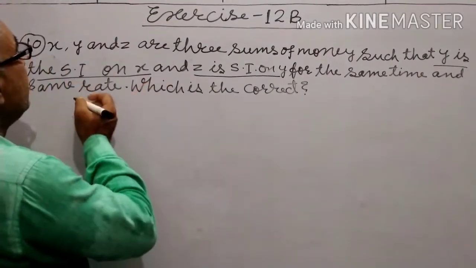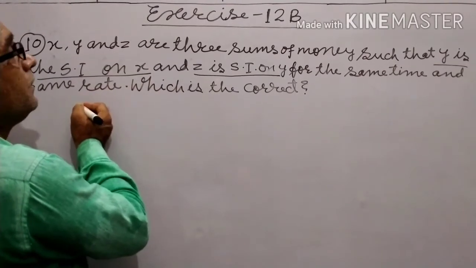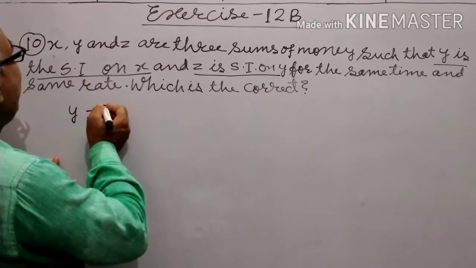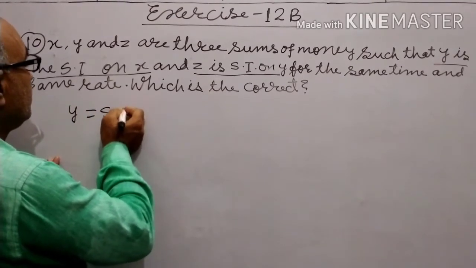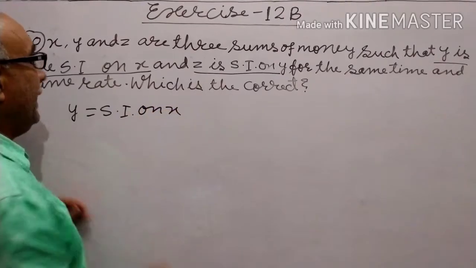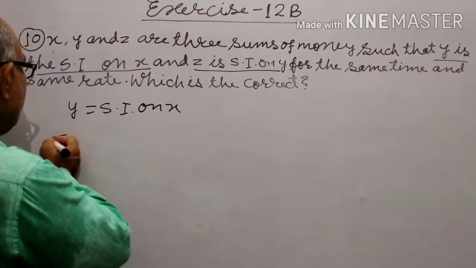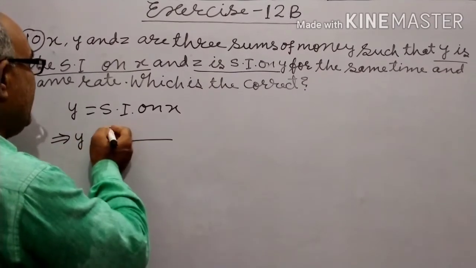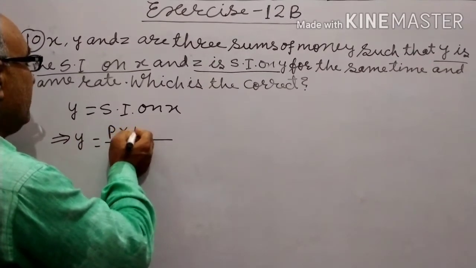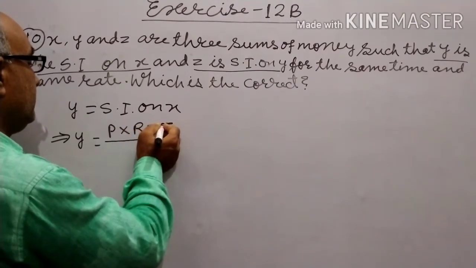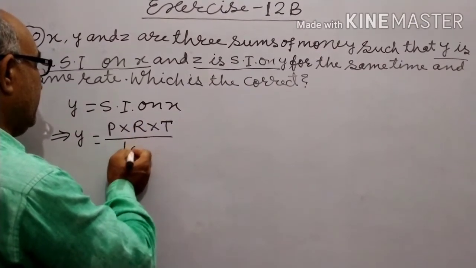Here given in this question, Y equal to SI on X. That implies Y equal to SI on X, SI equal to P into R into T by 100.